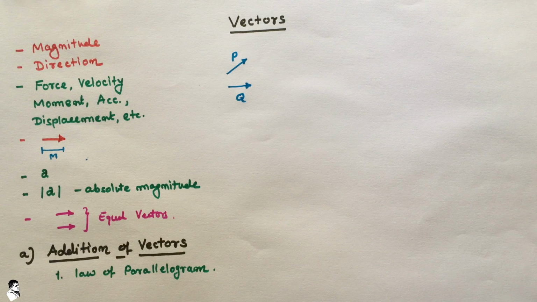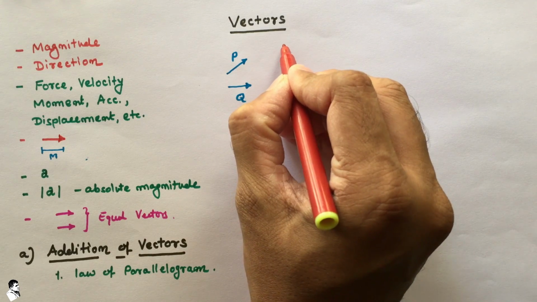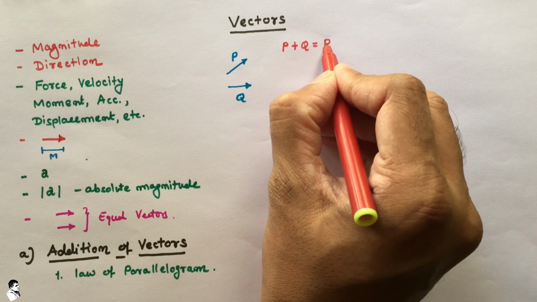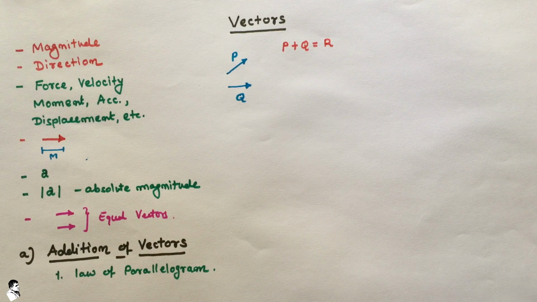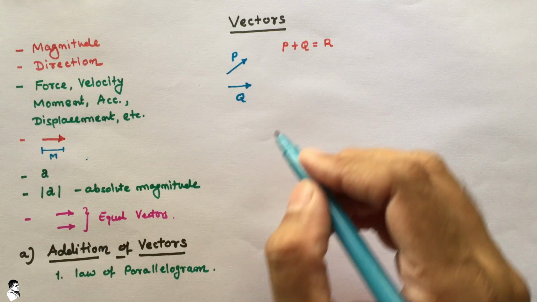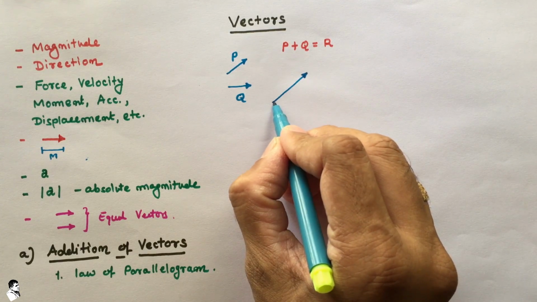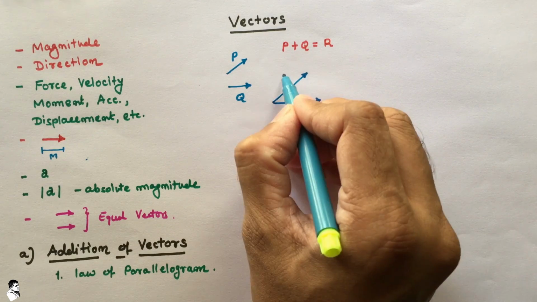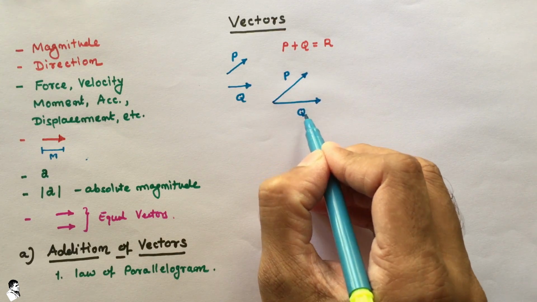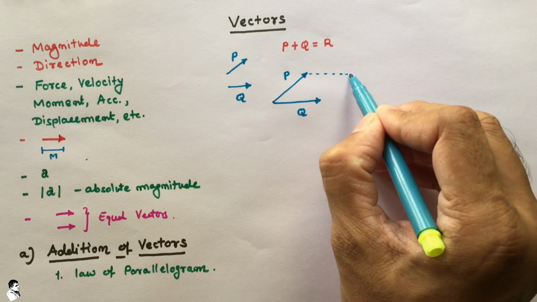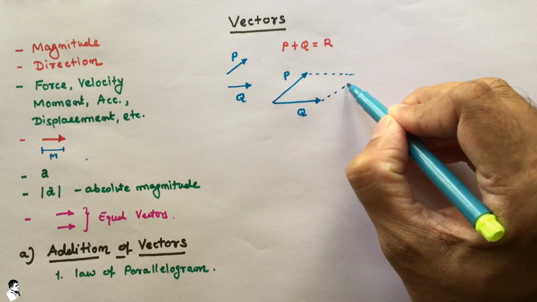If you want to add these two vectors, the summation is P plus Q equals R. You can represent P and Q, both vectors, as adjacent sides of a parallelogram, completed with parallel lines.